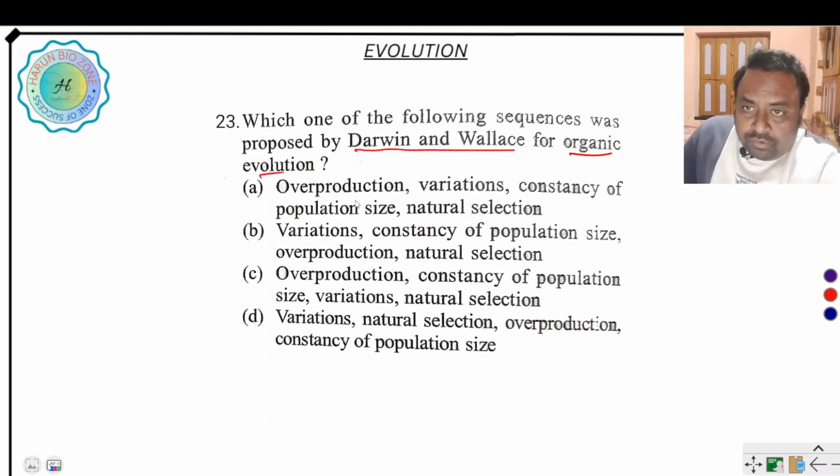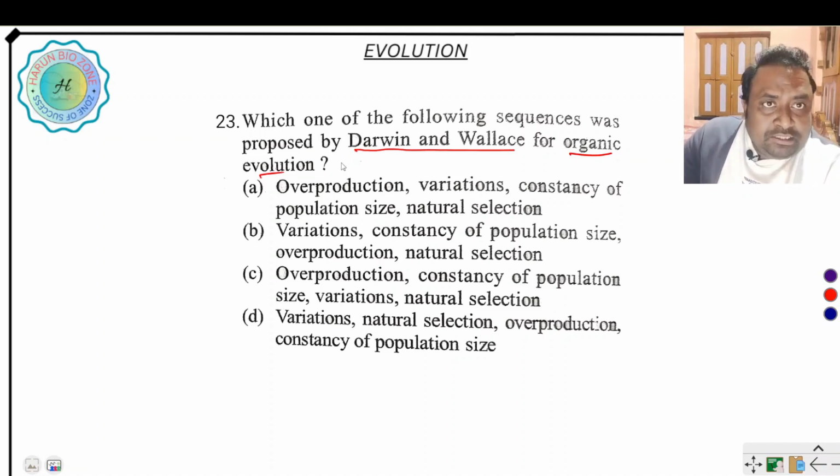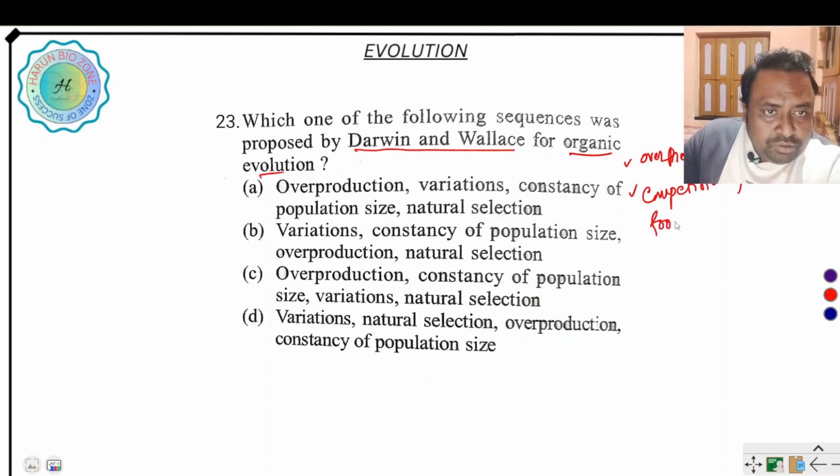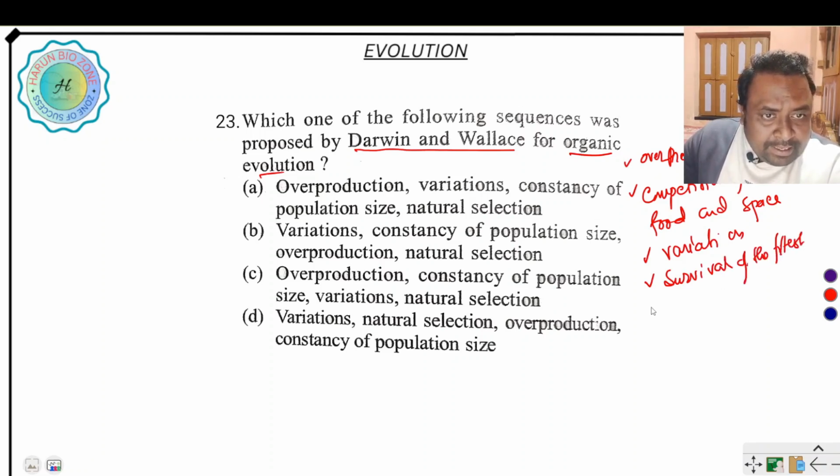In Darwin's natural selection, first is overproduction, then competition for food and space, then variation occurs, then survival of the fittest, then natural selection, then speciation.